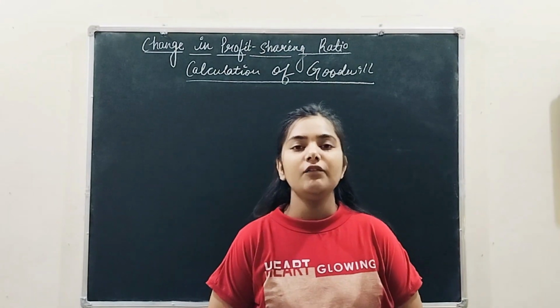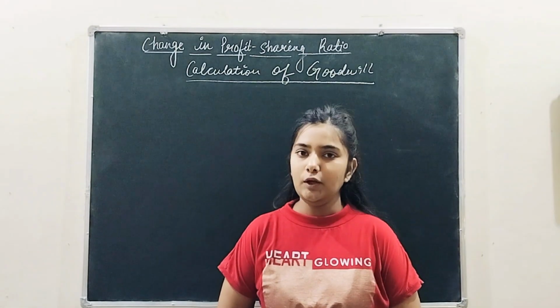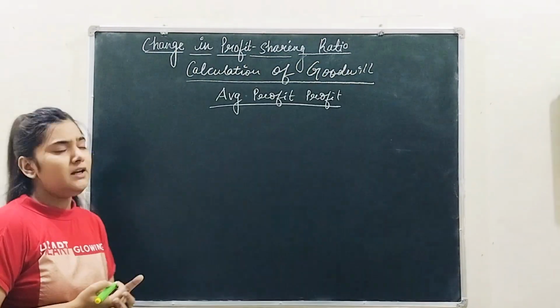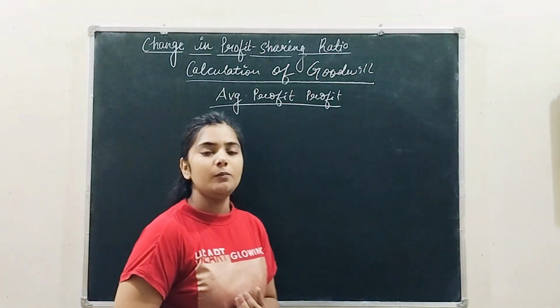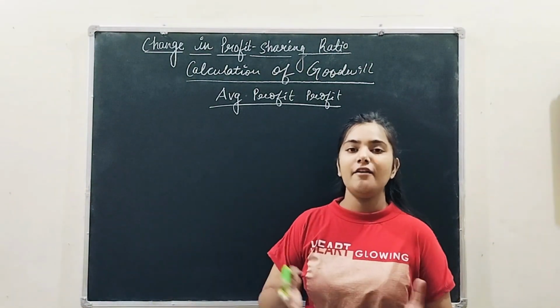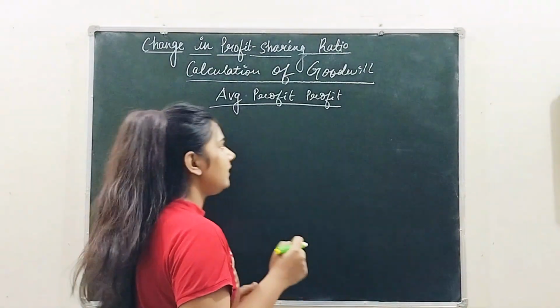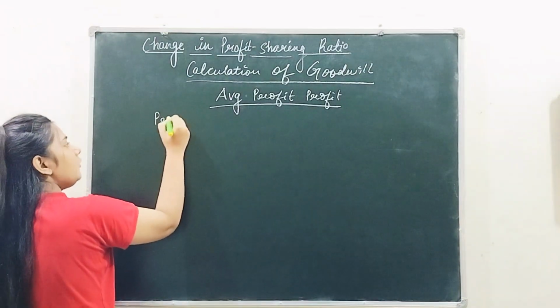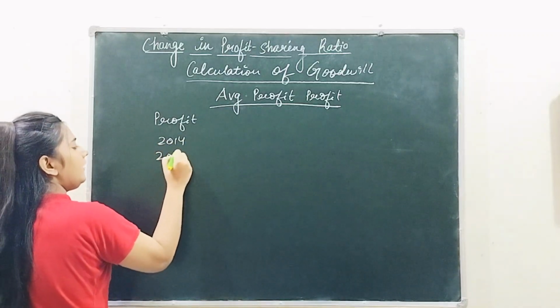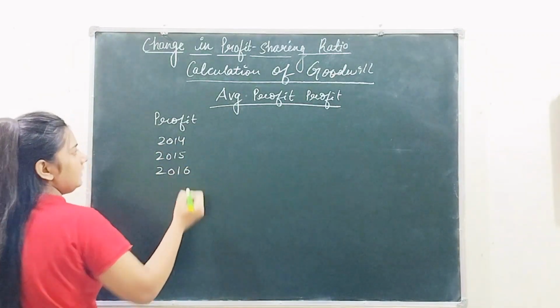Okay, so we are starting with the very first method of calculating goodwill, and the name of the method is average profit method. Now as you can understand from the name itself, average profit, आपको goodwill निकालनी है average profit पे. Now what happens in the case, इसमें आपको काफी सालों के profit दे रखे होंगे, let's suppose 2014, 2015 and 2016, right?